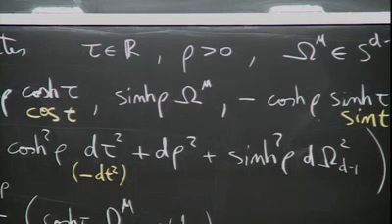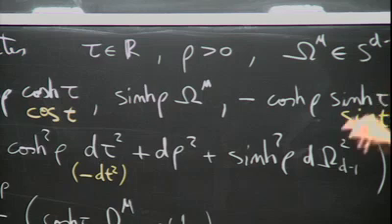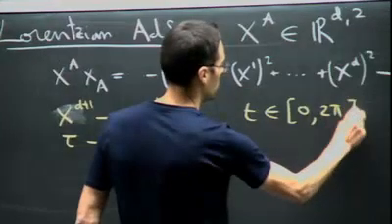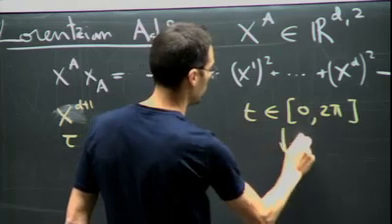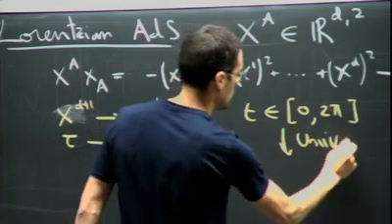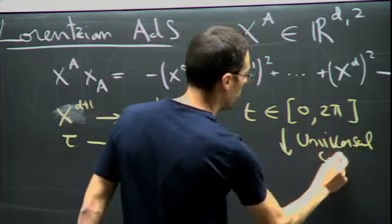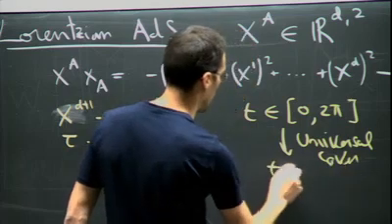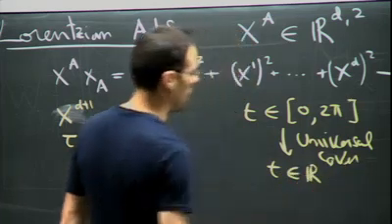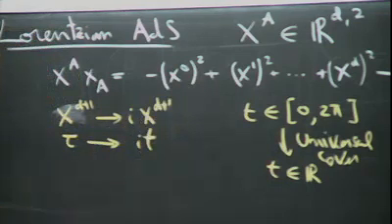Then this time t, as you can see, with cosine and sine, just rotates these two time-like coordinates. So this time would naturally live from 0 to 2 pi. So you take this universal cover, and so time is actually going to live in R. So you just unroll this circle.